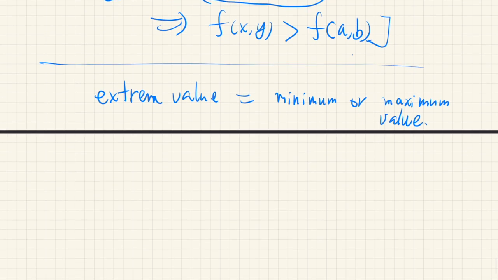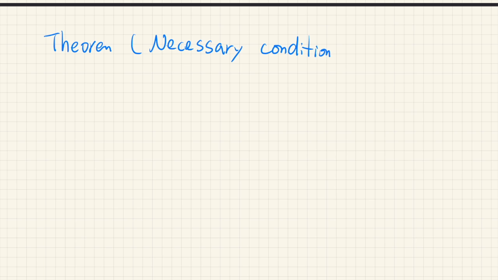Now let's see how we may find local extreme values. Here's a theorem that is a necessary condition for extreme values. It's not sufficient. Necessary condition for extreme values.